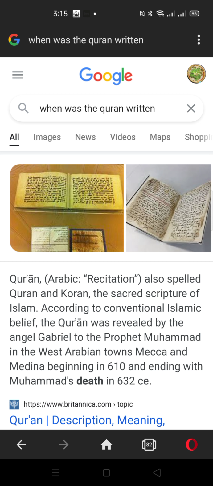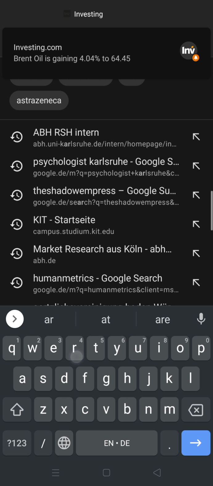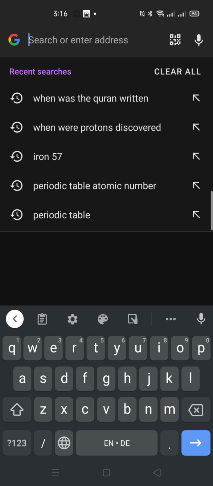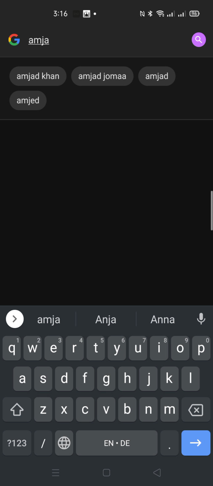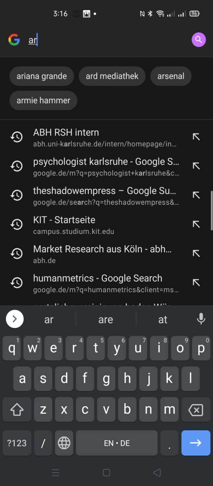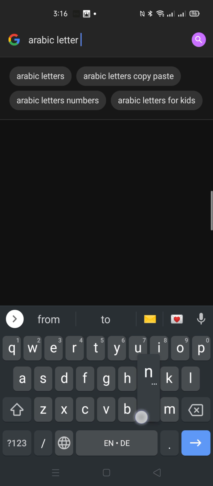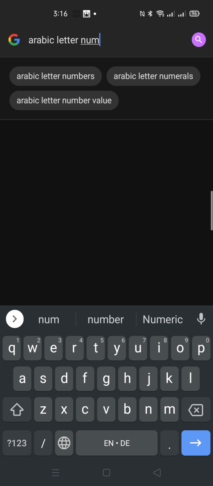So let's say that all of that was a coincidence. In the Arabic language, we have something very special. It's called Abjad numerals. So each Arabic letter has a numerical value.